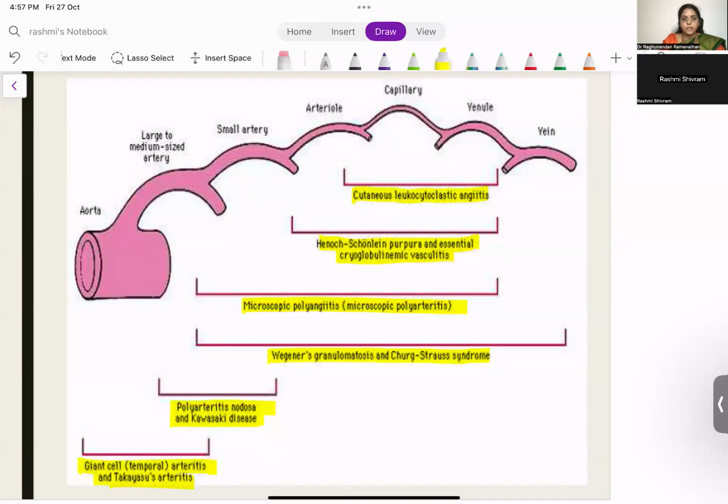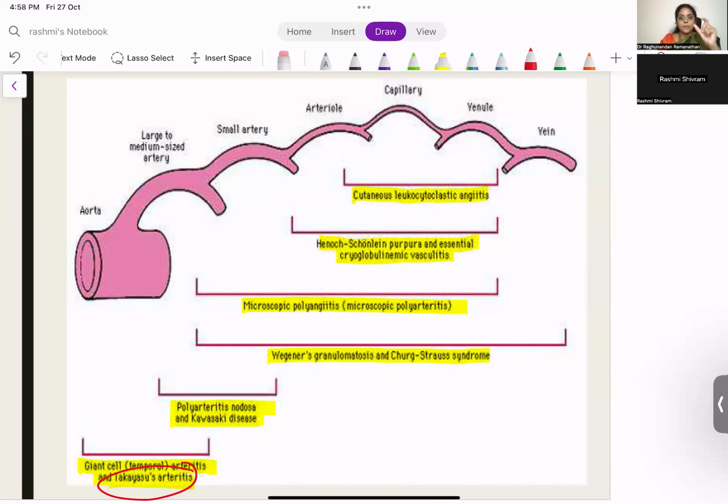So you now see from large vessel, medium vessel and small vessels, all these are getting involved in a sequential manner. Based on which vessel is involved, you will have such symptoms which the patient is presenting. So large vessel may not present with glomerulonephritis. If you have a patient with Takayasu arteritis, the renal arteries can be involved. They will have renovascular hypertension, but the patient will not have glomerulonephritis because the capillaries are not involved.